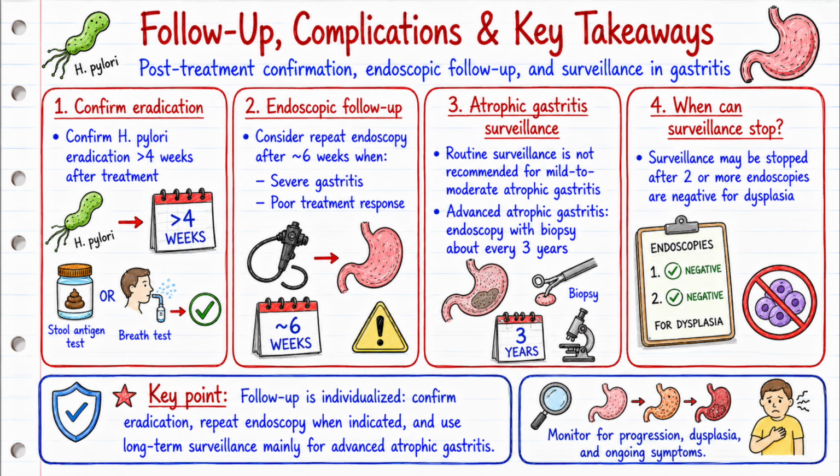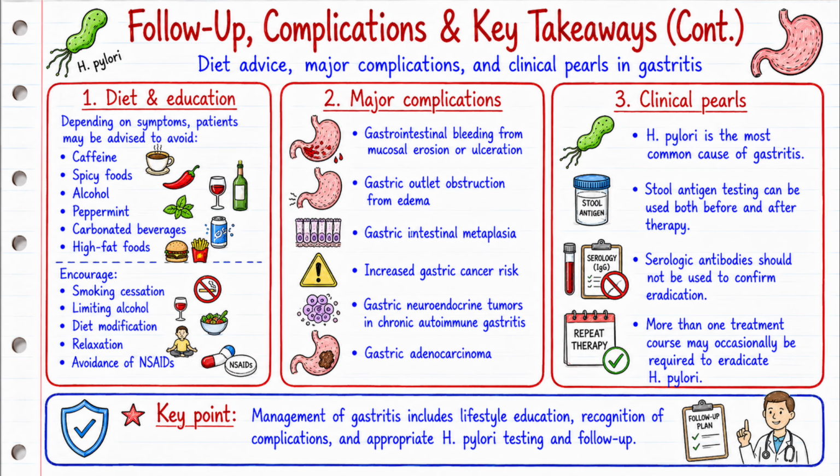Finally, lifestyle education and recognition of complications are important components of long-term management. Depending on individual symptoms, patients may benefit from limiting foods or drinks that worsen their discomfort, such as excessive caffeine, spicy foods, alcohol, carbonated drinks, or high-fat foods.